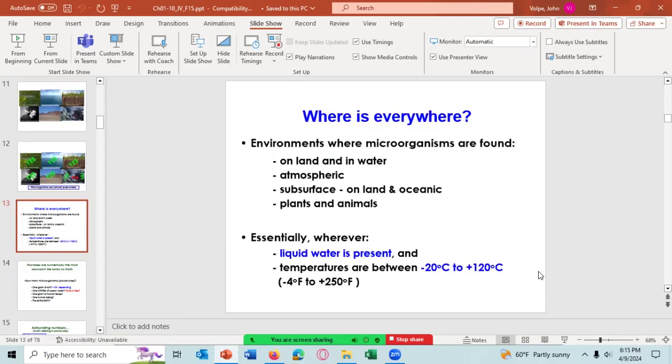So where is everywhere? Environments where microorganisms are found on the land and in the water, in the atmosphere. And like I said, that's up about a mile in the atmosphere, down in the soil about a mile. Subsurface, on all plants and animals, we have microbes. Essentially, wherever liquid water is present and temperatures are between minus 20 degrees Celsius and 120 degrees Celsius.